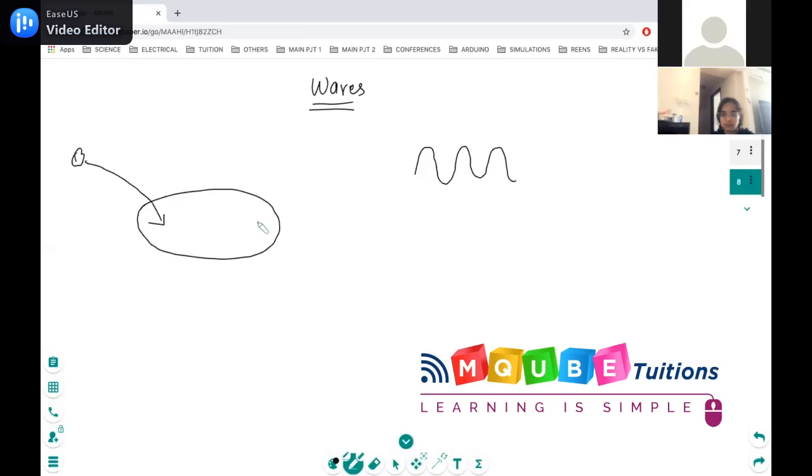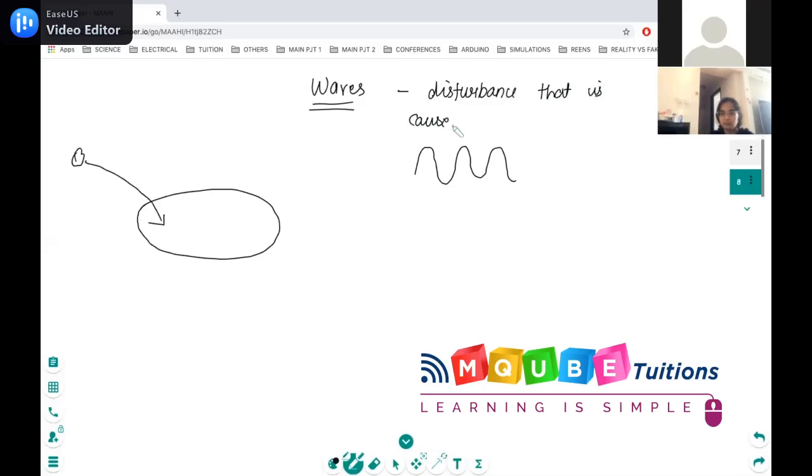Yeah, so that is basically what caused something called waves. So if you have to define a wave, what do we define that as? It is a disturbance that is caused in a medium. Are you understanding? It is a disturbance that is caused in a medium.